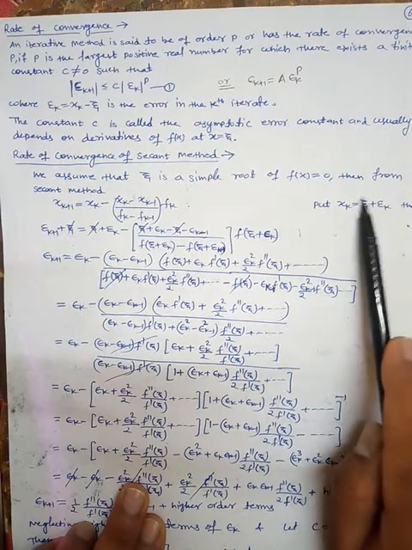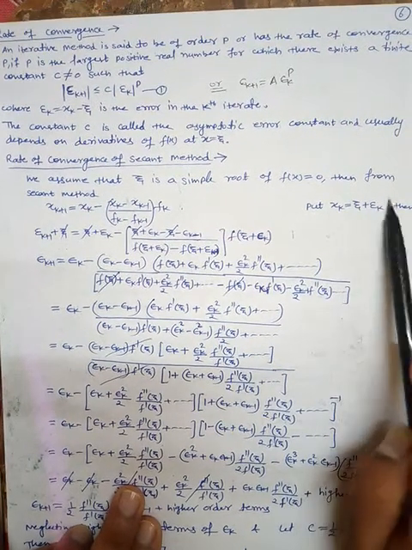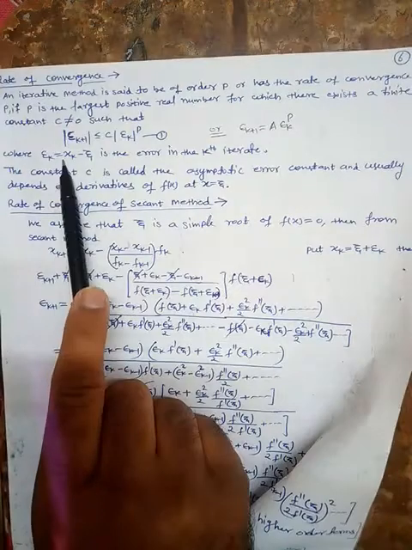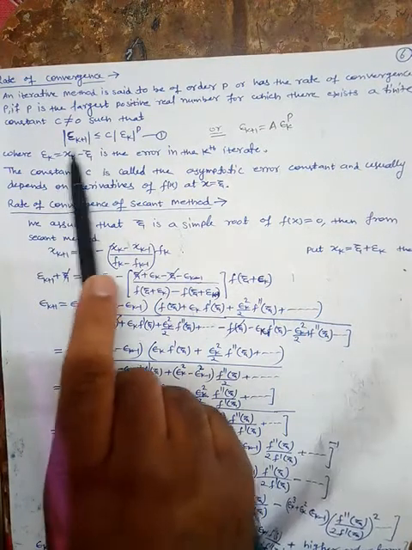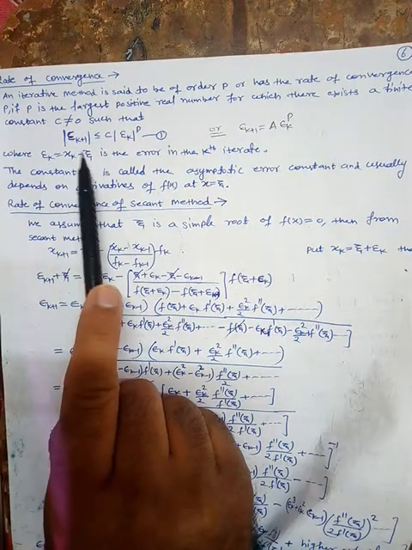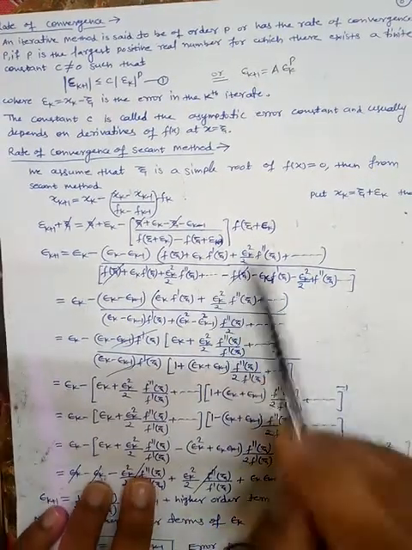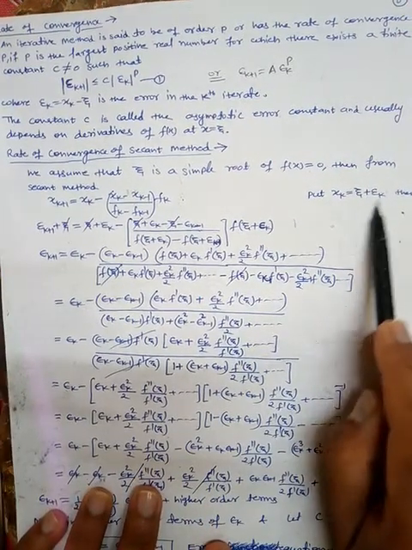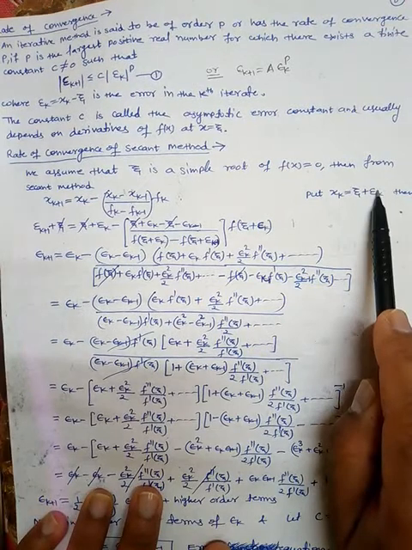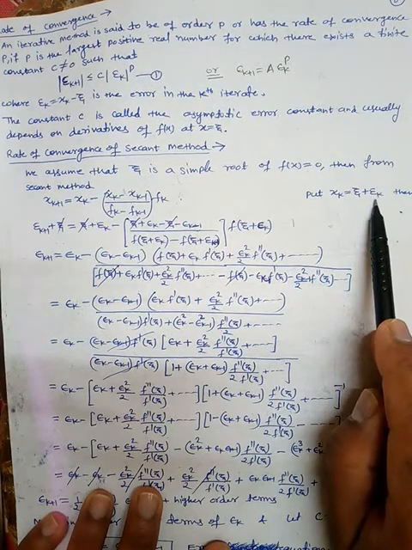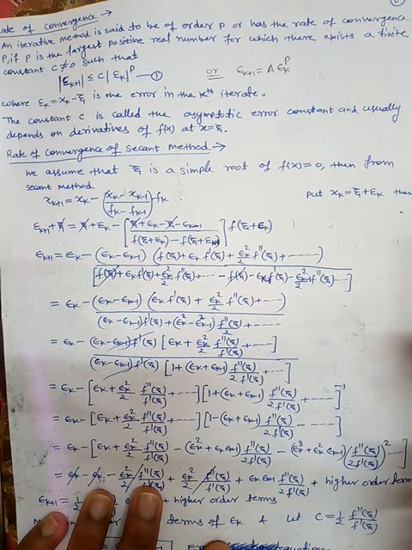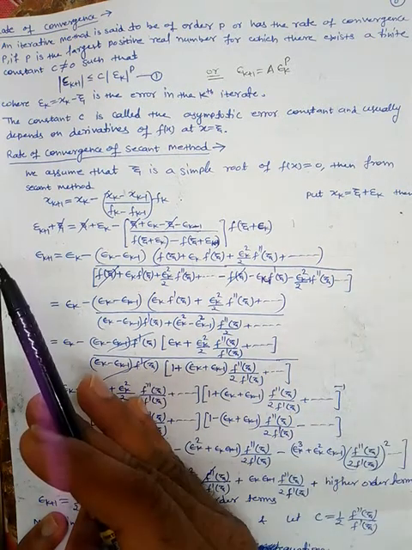Xi is the exact root and epsilon k is the error. Just like here, xk means the exact root plus the error. Here the error may be a positive or a negative quantity, in the positive direction or in the negative direction.